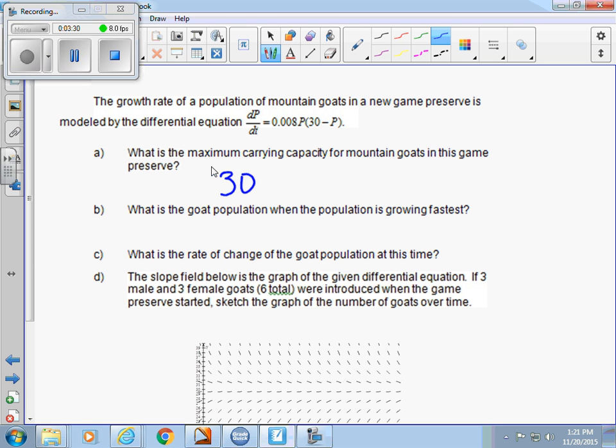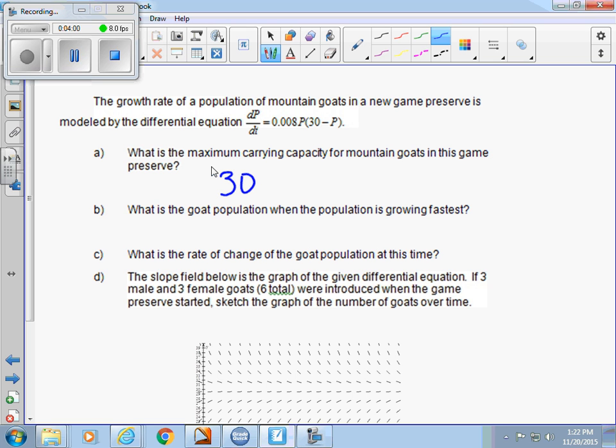What is the goat population when the population is growing the fastest? Any ideas on that? I'll give you a second to think. You're probably still writing anyway, so I'll give you a second to think, write, all those things. What is the goat population when the population is growing the fastest?